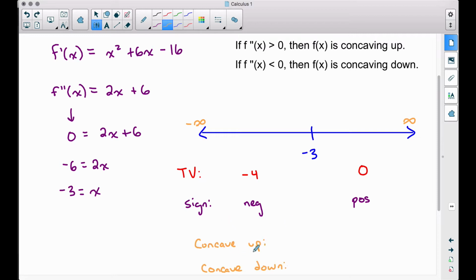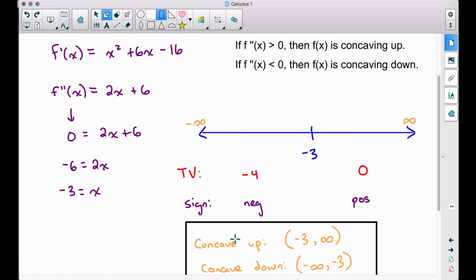Therefore, putting these things in interval notation, concave up, that's where our second derivative is positive. So anywhere from negative 3 to positive infinity, those values of x are where f of x is concaving up, and again, it's because our second derivative is positive. That statement right there. And then we are concaving down from x values of negative infinity all the way up to negative 3. And we can just double check this one more time over at the graph.